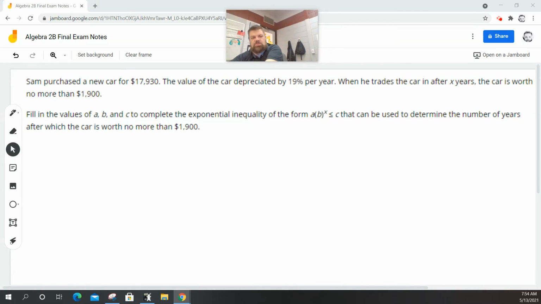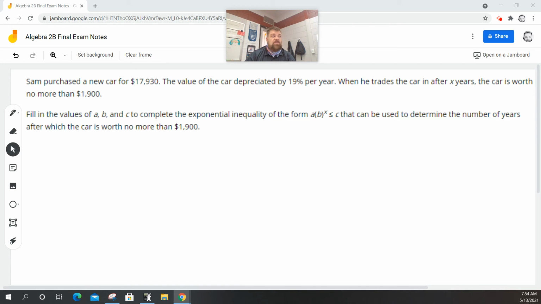Sam purchased a new car for $17,930. The car depreciated by 19% per year. When he trades the car in after X many years, the car is worth no more than $1,900.